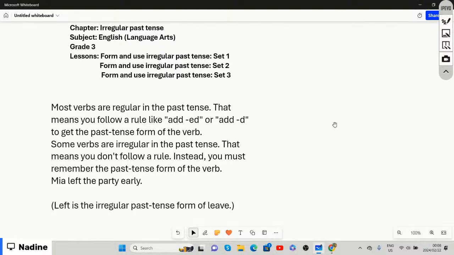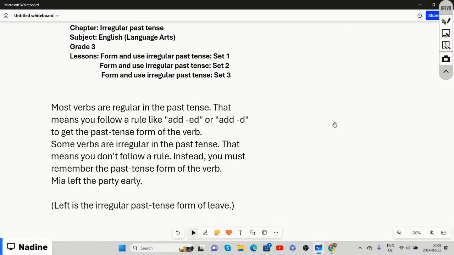Before we go to irregular, with regular past tense, most of the verbs are regular in the past tense, and that means that you follow a specific rule, like you add ed or you add d to your verb to show it's in the past, right?